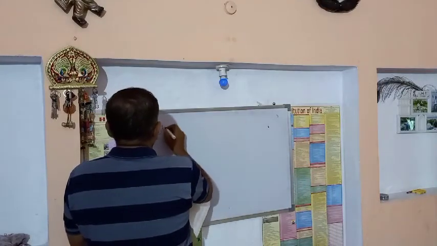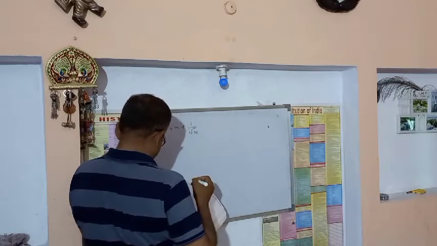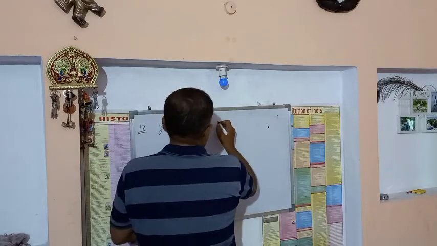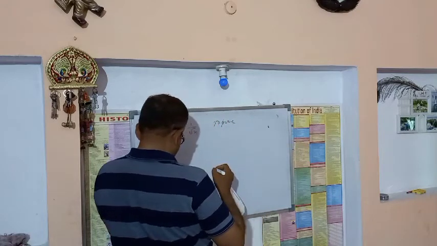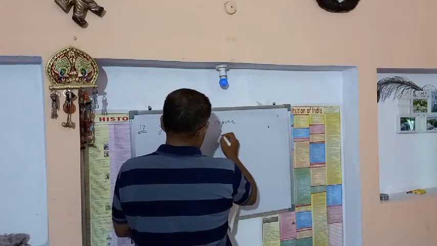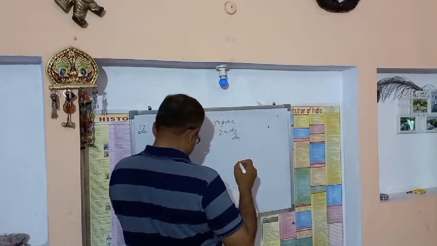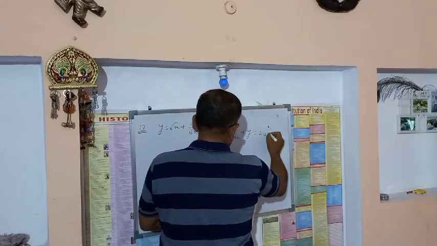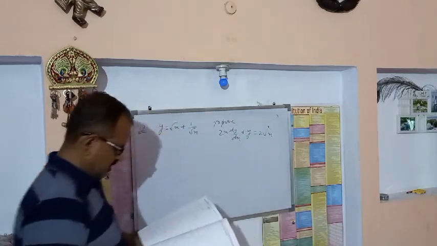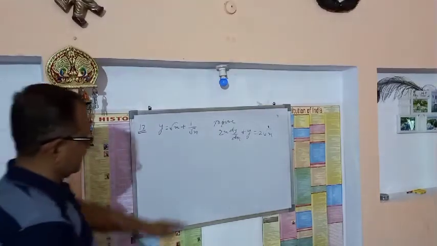It is given y is equal to root x plus 1 by root x. We have to prove that 2x dy by dx plus y is equal to 2 root x. We have to prove this result.